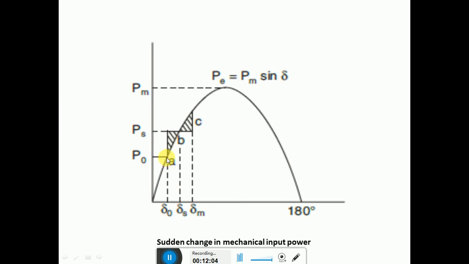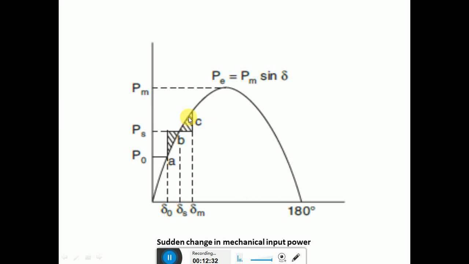And if proper damping is there, the machine angle oscillates between point A and C, and finally, due to the damping, it will reach the new operating point B, or new operating angle delta S, because the mechanical power is constant and electrical power is the adjustable one.